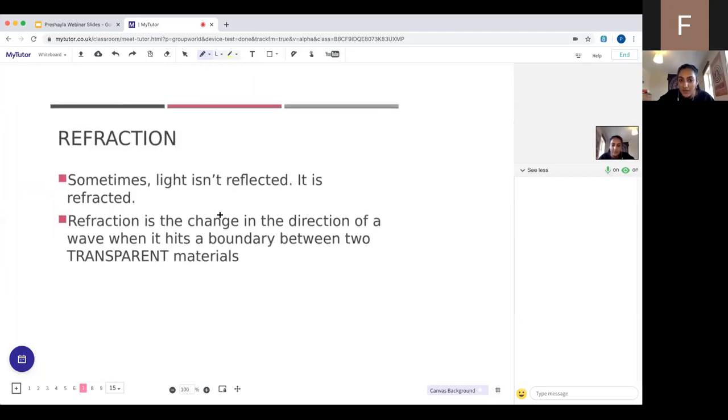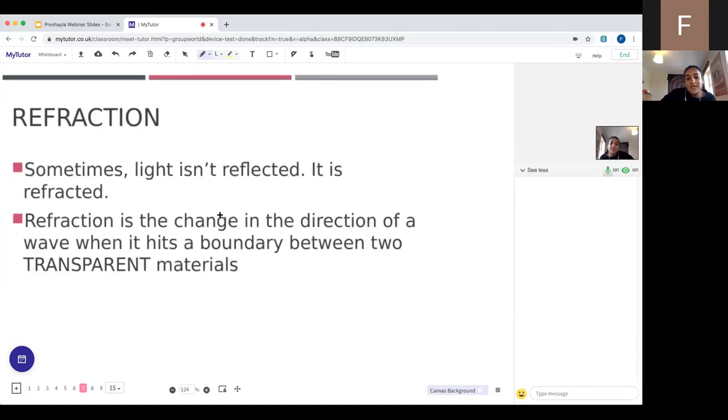Okay, so sometimes light is not reflected, it's refracted. So there's a big difference between reflection and refraction. Refraction is a change in direction of a wave when it hits a boundary between two transparent materials.